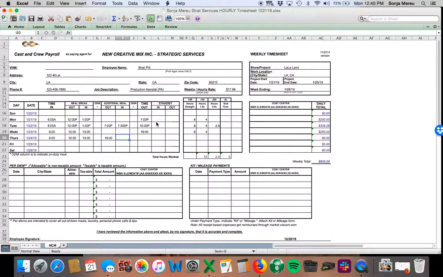And your out time, instead of 7:30 p.m., would be 19.50. So that's 19 and a half. And then your out time would be 22. And then these numbers, again, would stay the same.